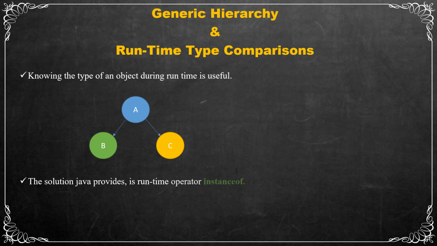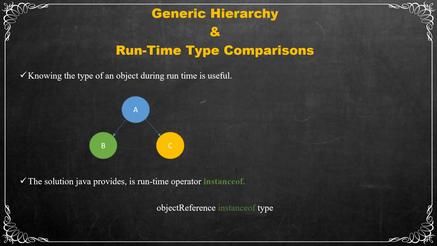The solution in Java is the runtime operator instanceof. The general form of instanceof is like this. Object reference is a reference to an instance of a class, and type is a class type. If object reference is of the specified type or can be cast into the specified type, then the instanceof operator evaluates to true.